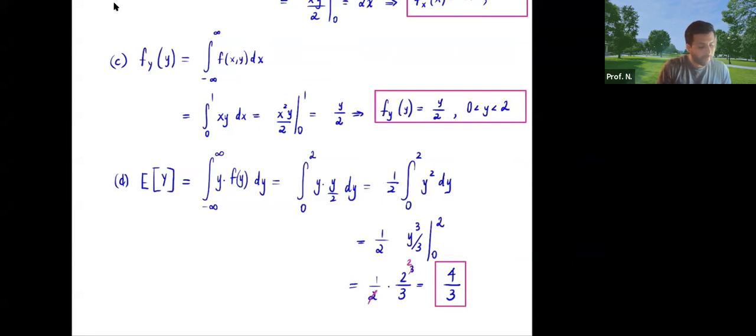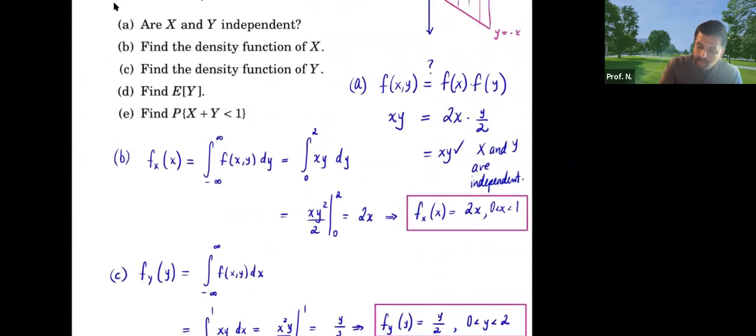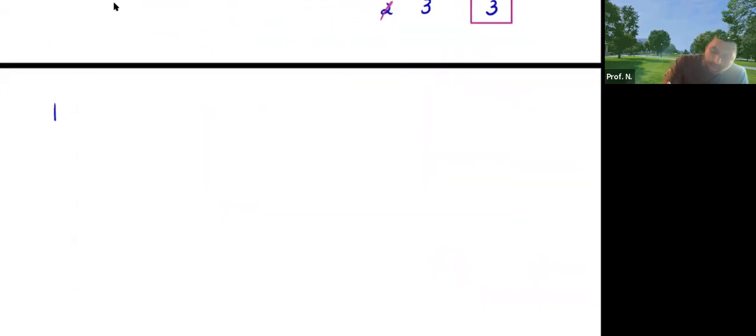Okay. And now the last one. What's the last one? Last one says, find a probability that x plus y is less than 1.